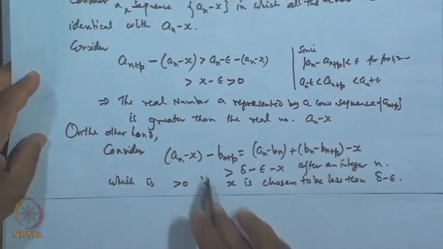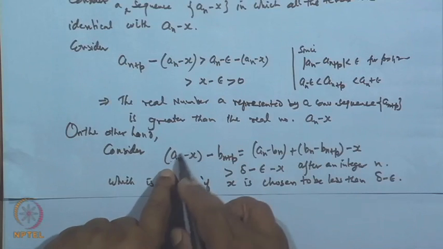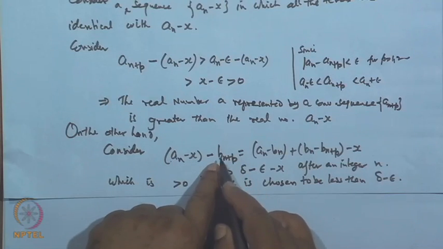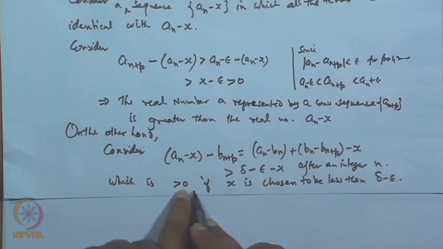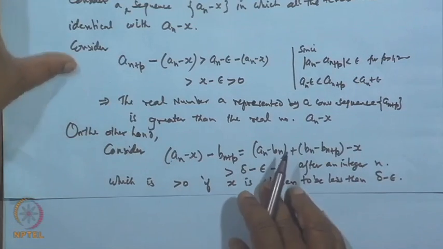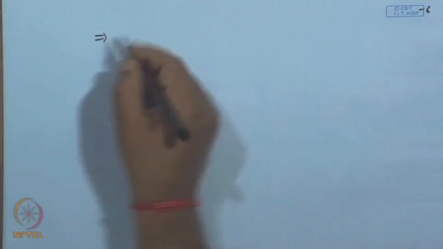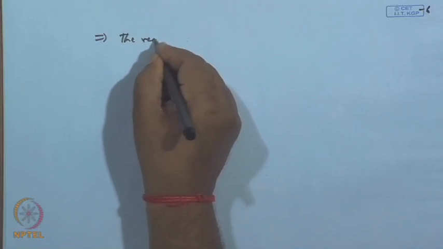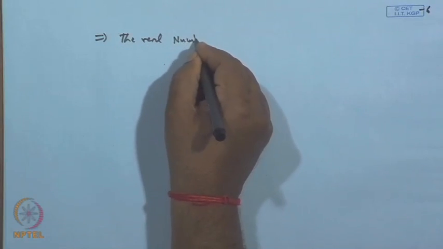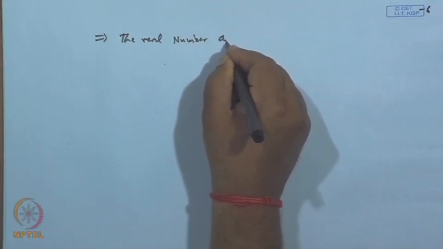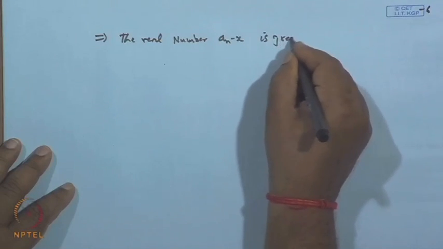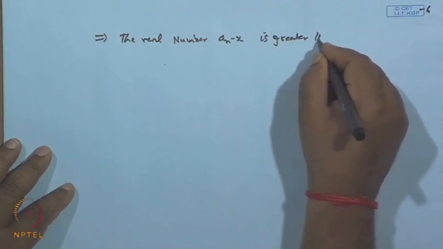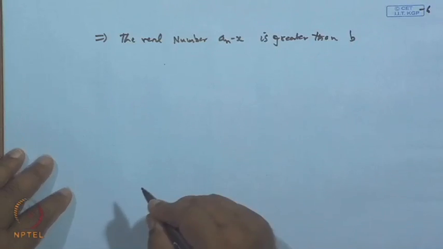Now, this represents the real number a_n minus x, this represents the real number b. So, the real number a_n minus x is greater than b.